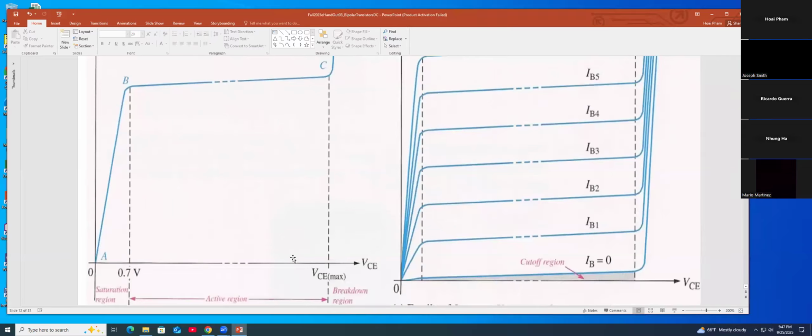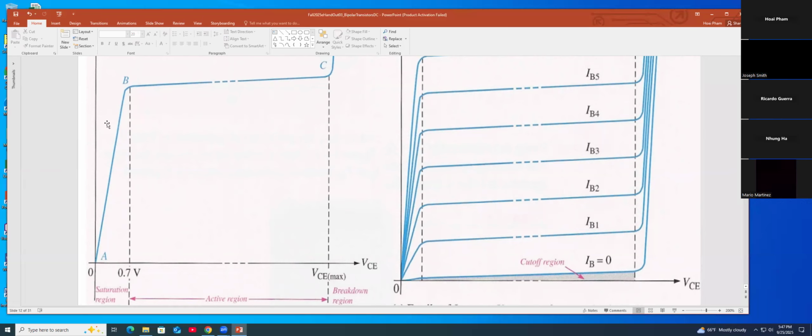After point C here, this will be a breakdown region. So basically, the transistor will be working in this area for amplifier.